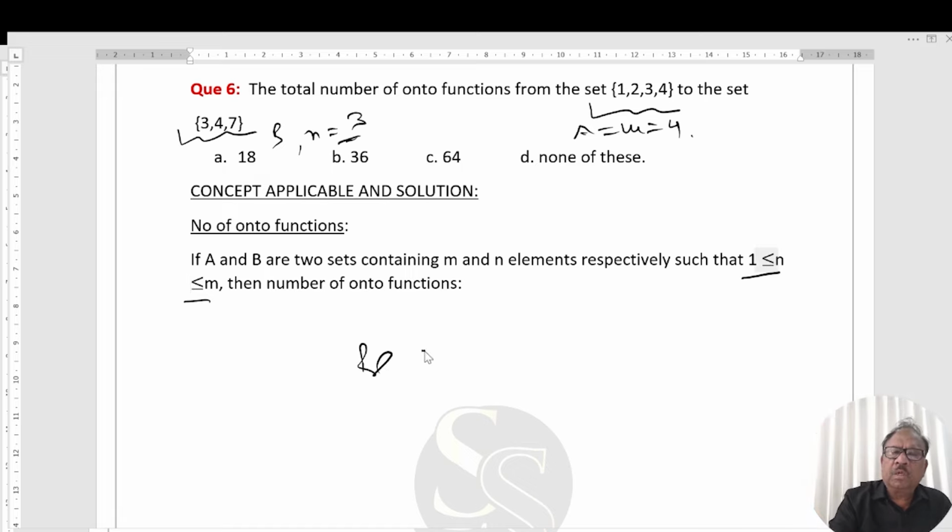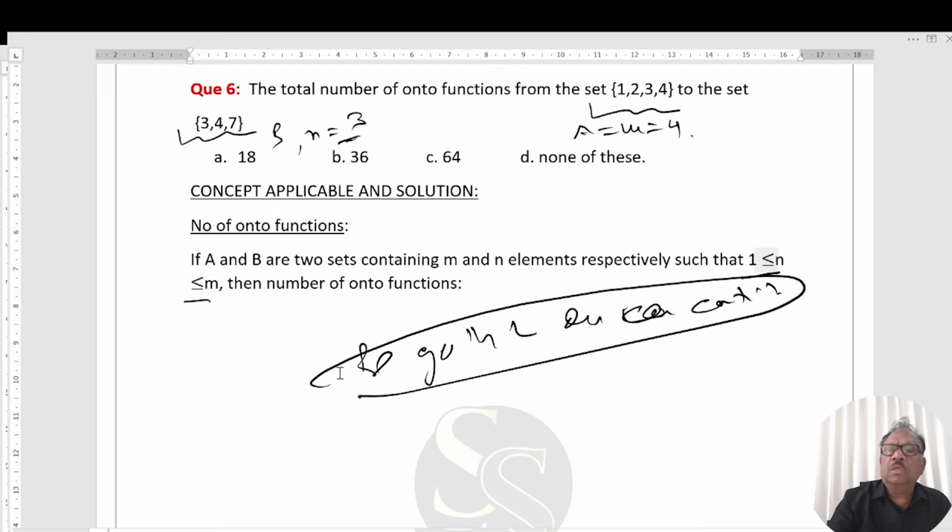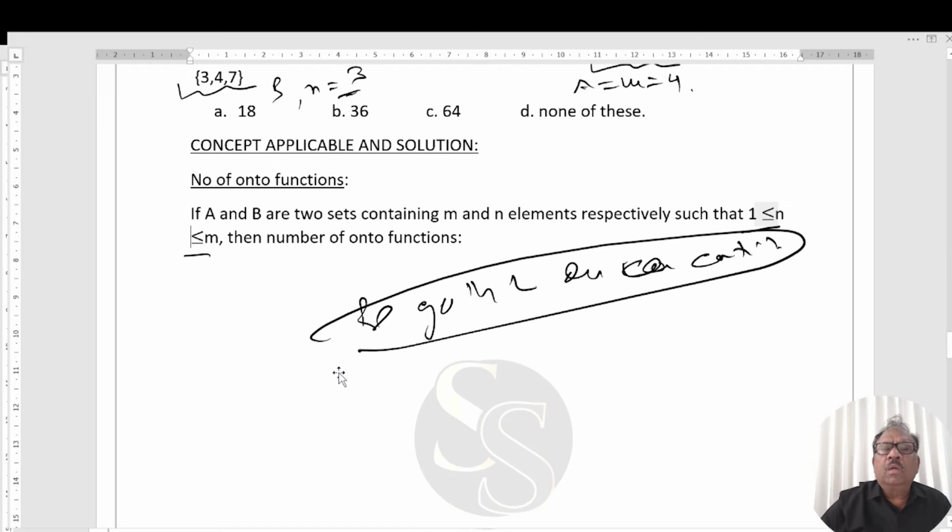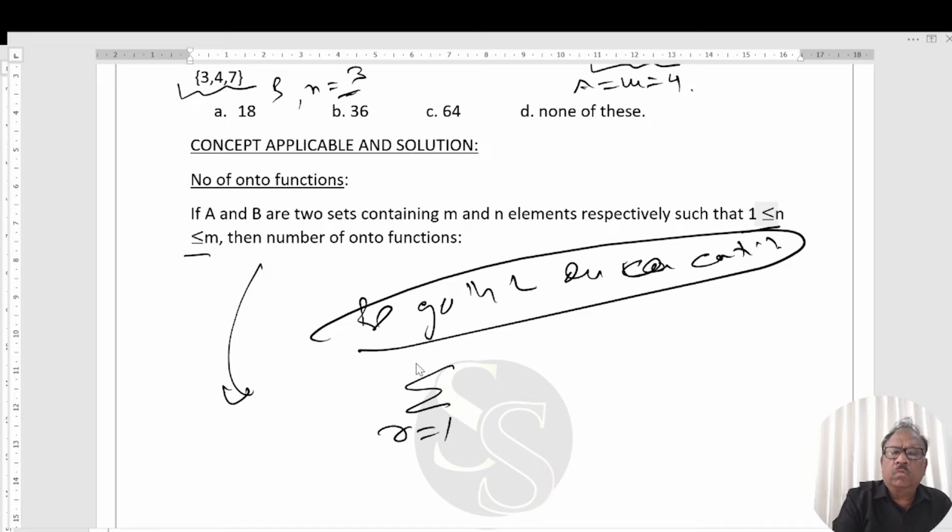Please go through the 1-1 condition also. In this case, the total number of onto functions will be the summation over r equal to 1 to n of minus 1 to the power n minus r, nCr, r to the power m.